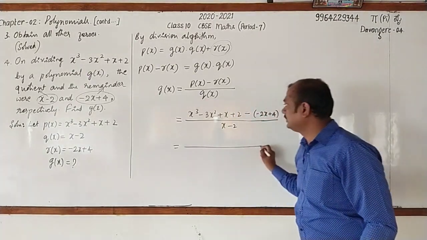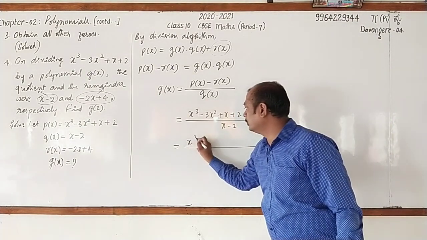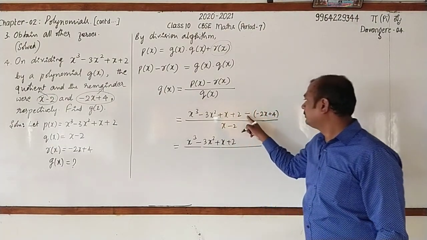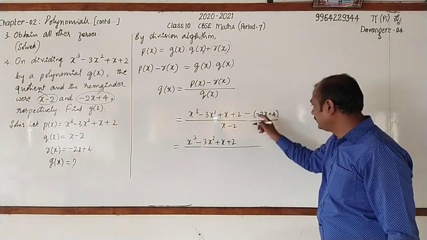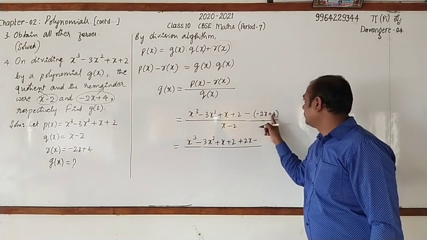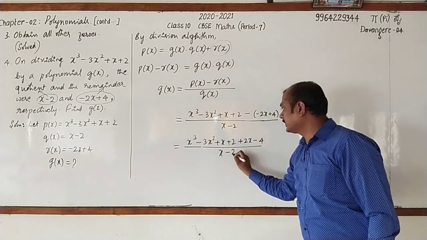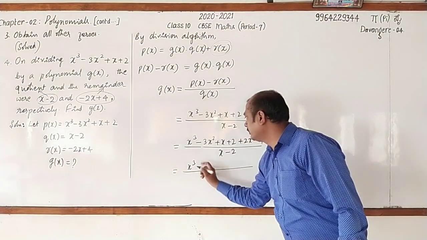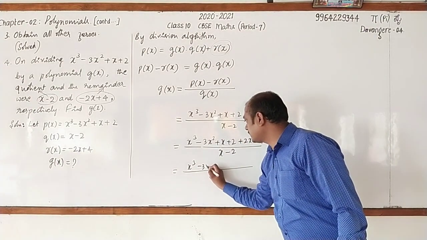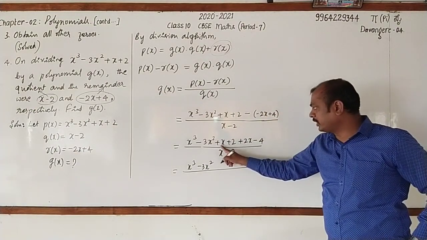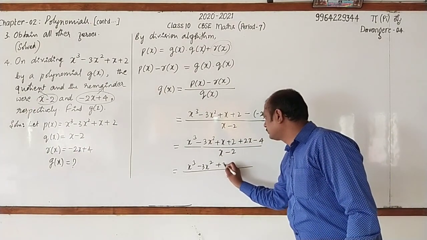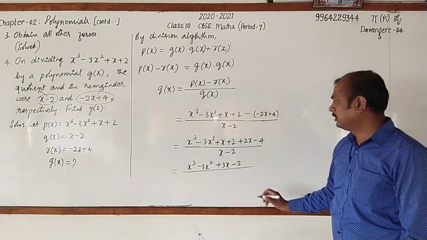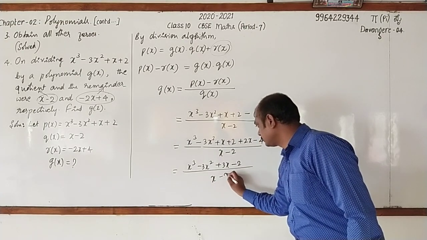Let's go for simplifying, x cube minus 3x square plus x plus 2, multiply minus with both the terms. It is plus 2x minus 4 divided by x minus 2. This is equal to x cube as it is, minus 3x square as it is. What is 1x plus 2x? This is 3x. Next, minus 4 plus 2, it is minus 2. It is x minus 2.